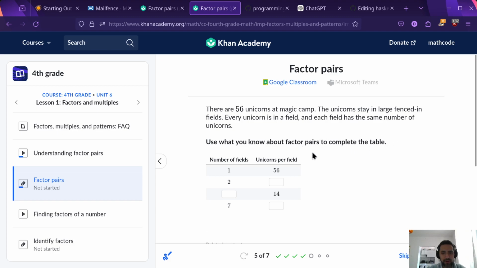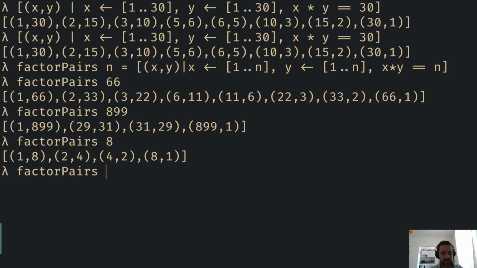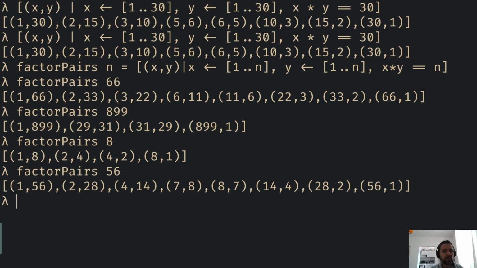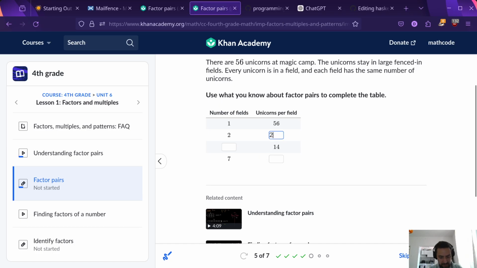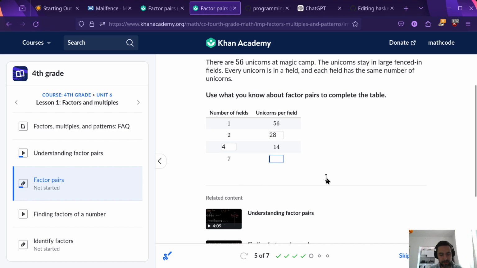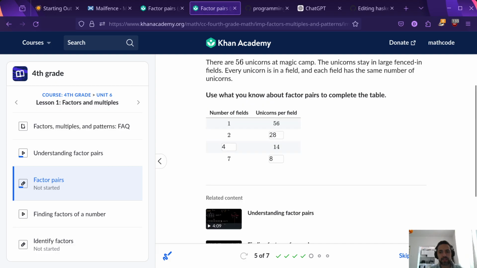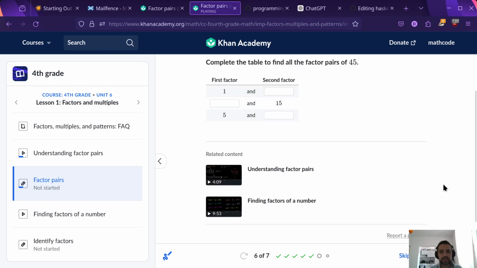Use what you know about factor pairs to complete the table. 56, I can just use it again. 1 to 56, 2 to 28, 4 to 14, 7 to 8, and that's it. All right, next question.